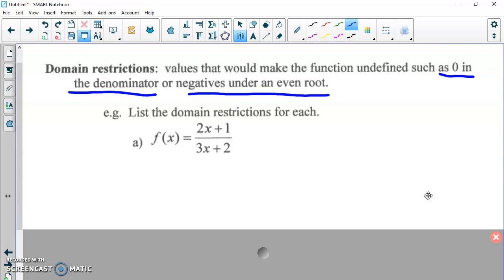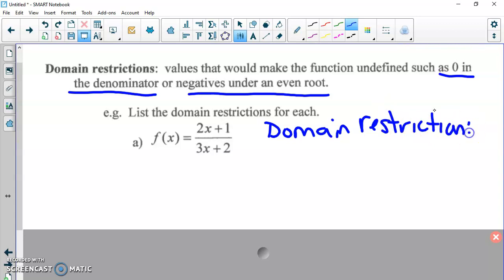So in this case, this is a rational function, meaning a function written as a fraction where we have a variable in the numerator and a variable in the denominator. When we see a fraction with a variable in the denominator, we automatically say, oh, we can't divide by 0. So off to the side here, to find our domain restriction, we set the bottom equal to 0.